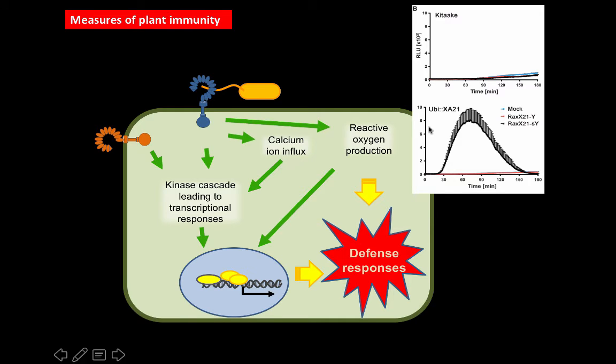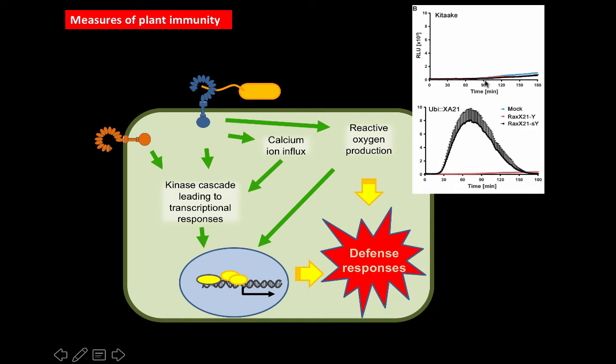So what we can measure is the reactive oxygen species by a light-sensitive camera, an enzymatic assay, and as I mentioned before, I was working on rice. So if you have a rice, in this case we call it Kitaake. It's one of the over 1,000 rice varieties, which doesn't have the immune receptor to this corresponding molecule, which we call RaxX.